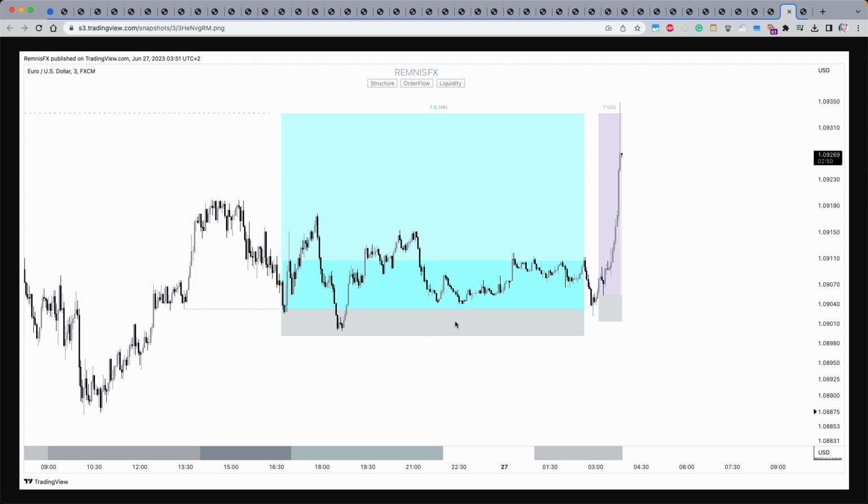Every position was, by the way, taken with a fixed base risk, as in I took every position with $100.